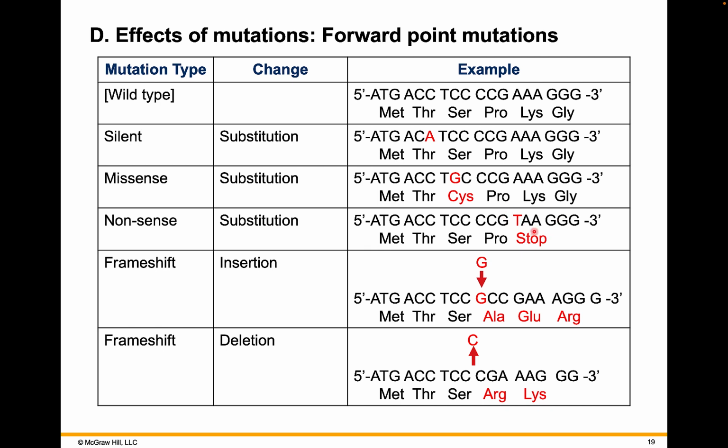But if this premature stop codon is towards the end of the protein, just a few base pairs away from the end, that may not cause a drastic effect on the protein. It may be a little bit less functional, but it may not be lethal. It all depends on what protein, and where these premature stop codons are inserted. So nonsense mutations are basically when an amino acid is replaced by a stop codon.